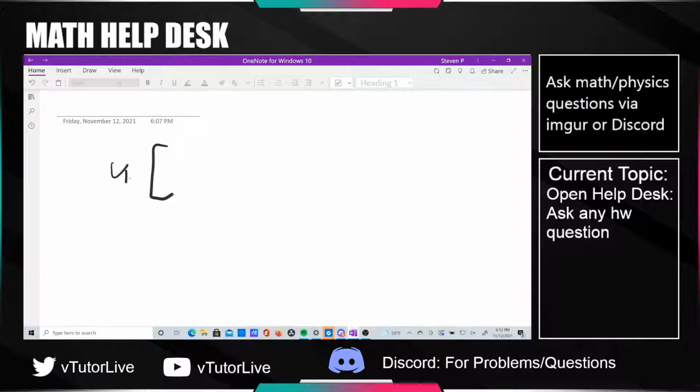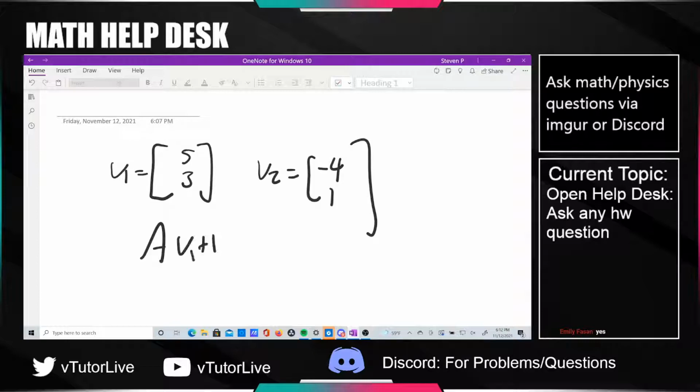But this one looks like V1 is equal to (5, 3). V2 is equal to, what, (-4, 1)? And then they're asking about A(V1 + V2). Well, you should know that this corresponds to lambda 1 is equal to 2, lambda 2 is equal to -2.